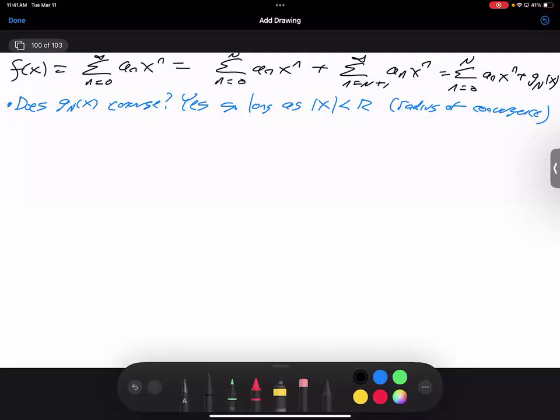Is G capital N of x large or small as N gets large? Oh, it grows as N gets larger. No, sorry, it actually gets smaller. Can't say it gets smaller because it's possible that there's some oscillation in sign. So maybe I have some cancellation, and that's okay. This is why I don't mind spending a class or two on this, because there are so many things that are instinctive to say that are wrong, but they're fundamentally correct.